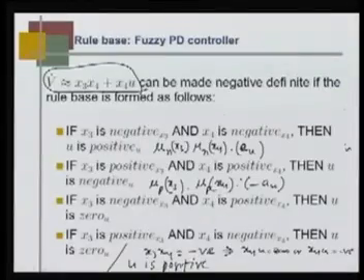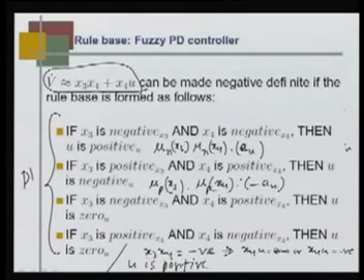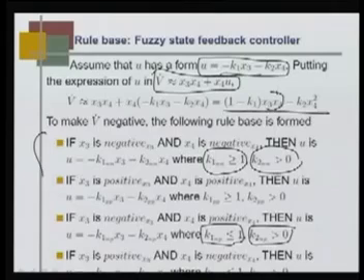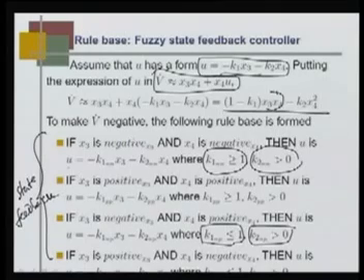Okay. So, PD is actually the rule base that we formulated. So, we are denoting this as PD, and this we are saying state feedback, because you see that u is a function of states.